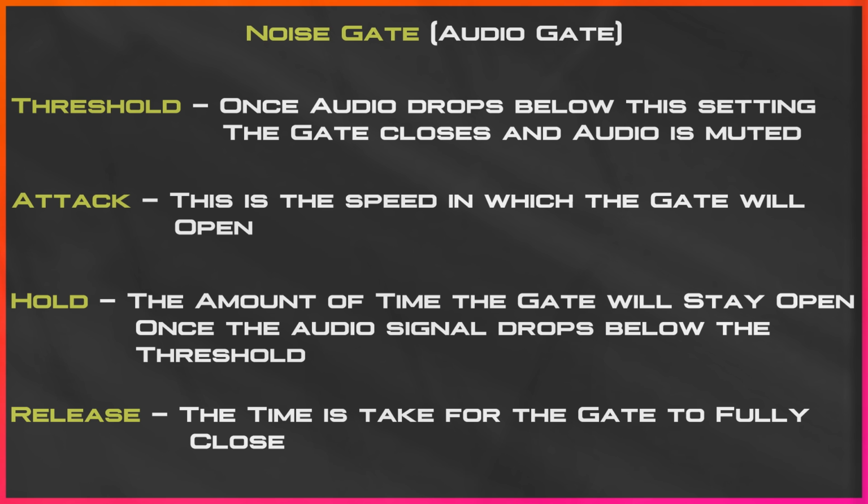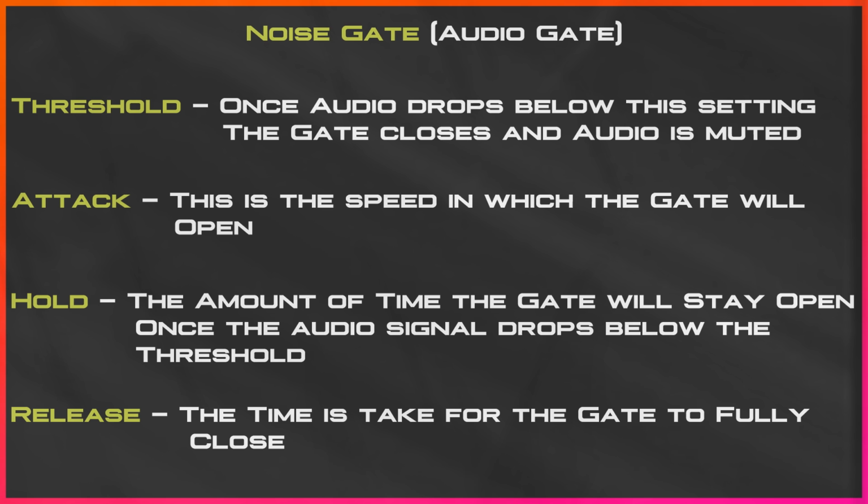The attack time is for once that audio or that signal rises above the threshold, the gate will open up. The attack time just sets how long it takes for that gate to fully open. So it has a bit of a fading effect with the audio. What we have it set to is 15 milliseconds for that gate to open once your audio signal exceeds negative 57 decibels.